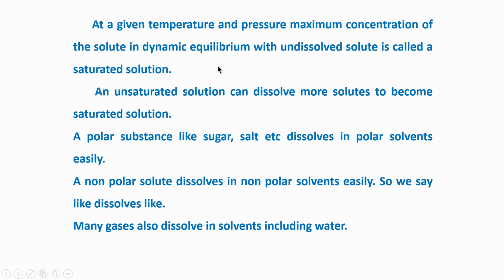Such a system is called a saturated solution. So, for all practical purposes, what you should do is keep on adding until it dissolves no more. So, that is a saturated solution.